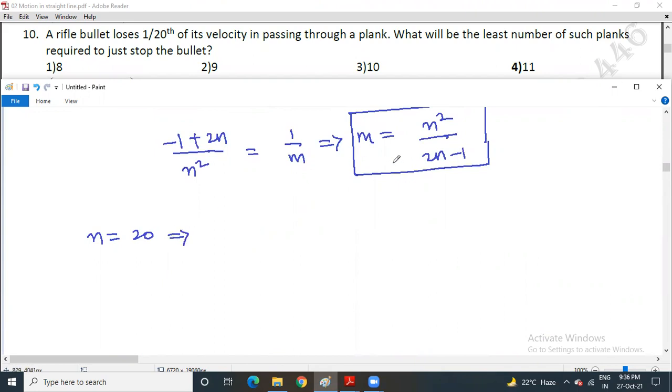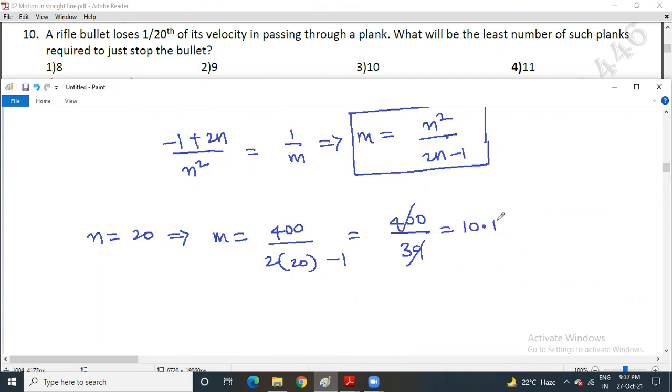So let us substitute the values. m is equal to n square, that is 20 square, which is 400, by 2 into 20 minus 1, which is 400 by 40 minus 1, that is 39. So roughly you will get 10.1.